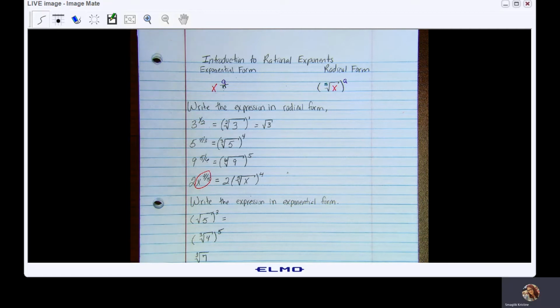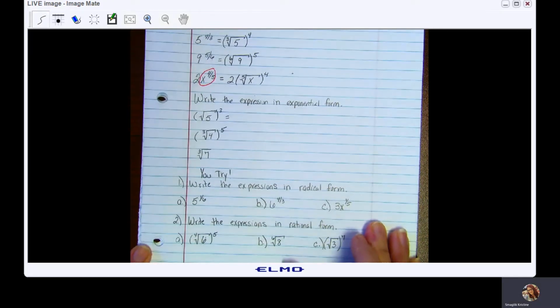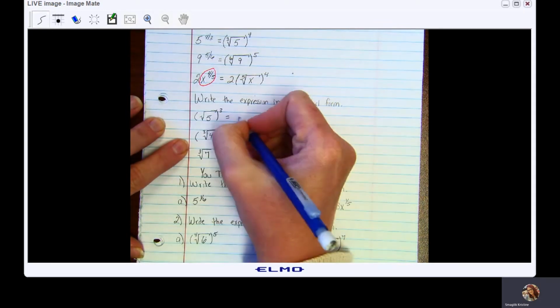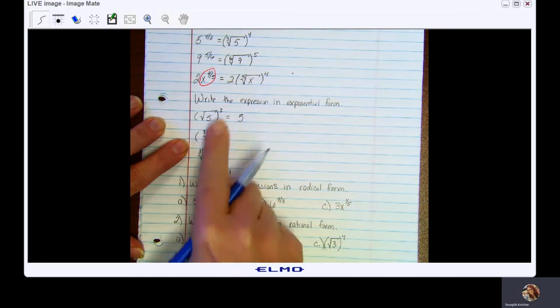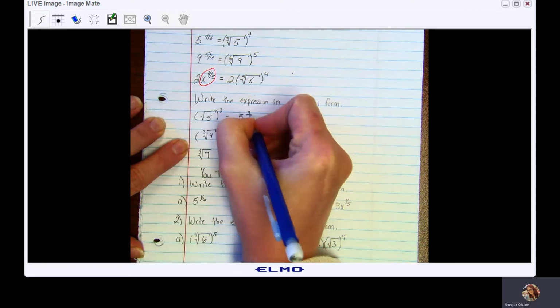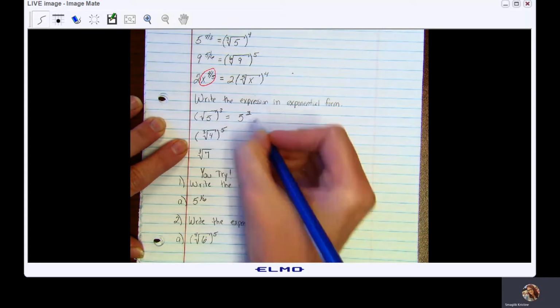Now let's go from radical form to exponential form. My base is the radicand, so that is 5. My exponent is 3. And the index or the root, we don't see it. That's a 2. That's a square root.